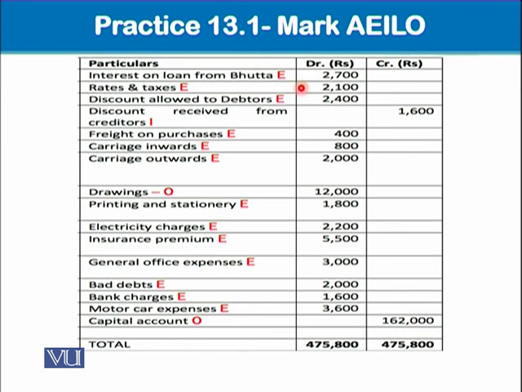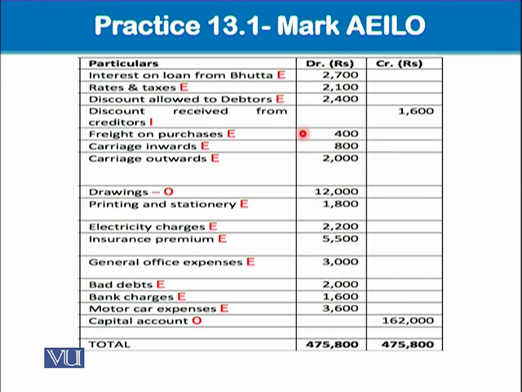Your accounting logic is telling you that any item appearing in the debit side of the trial balance would be an asset or expense, and that's it. So these rates and taxes are your expense. So relax. Good. Discount allowed is an expense. You know it very well already. And discount received is your income appearing in the credit side.